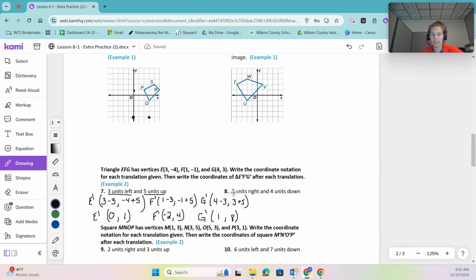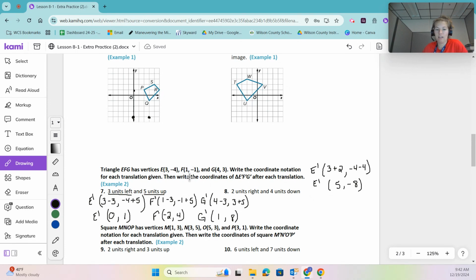Do the same thing here for number 8. So for E prime here, we're going to do 3, and then this one's 2 units to the right, so we are going to add 2, because when we move to the right, our numbers get larger. Then 4 units down, which means our y values are going to go more negative, so -4. E prime becomes 5, -8.